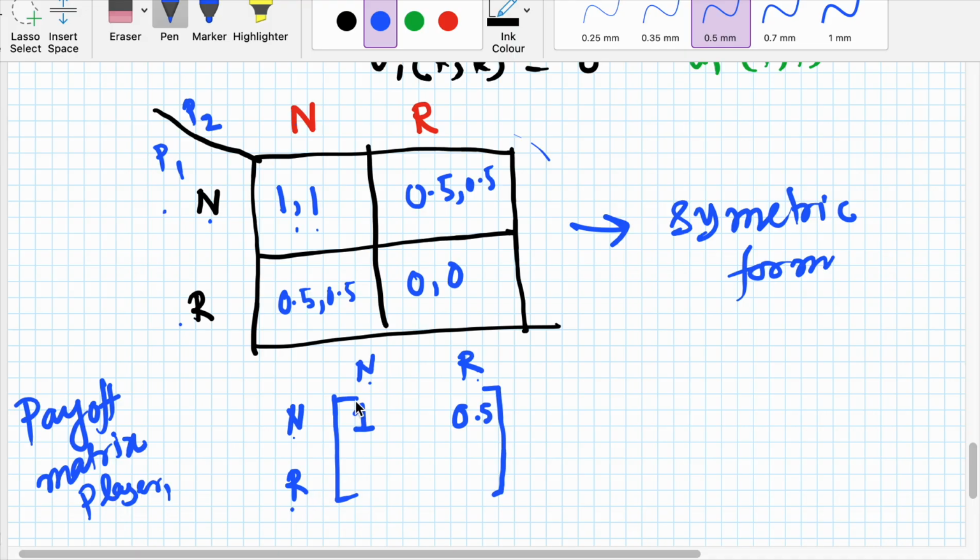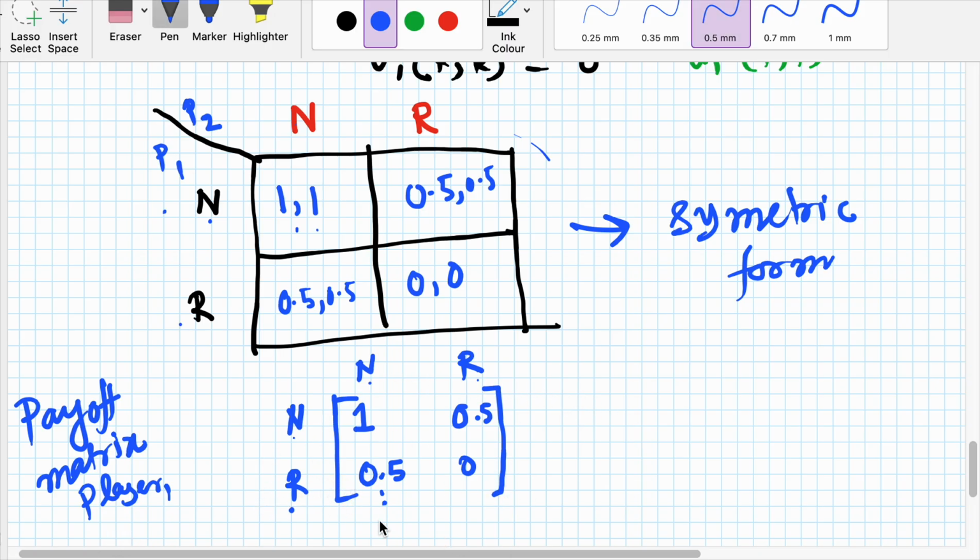If R and N, then 0.5, and 0, 0. Here R and N means player 1 is exerting force in a random direction and player 2 towards the nest. If this outcome's utility is 0.5, that's why I write the number 0.5. So this is called the payoff matrix of player 1.